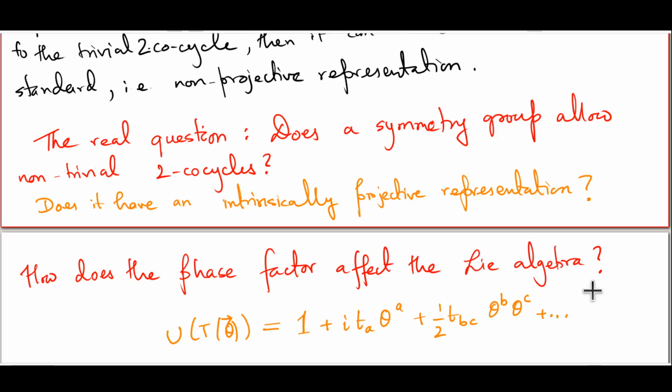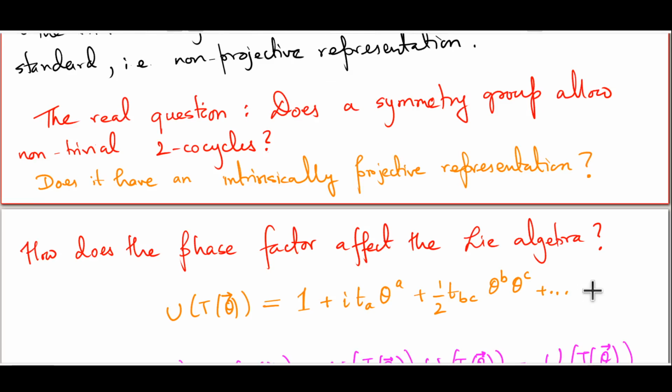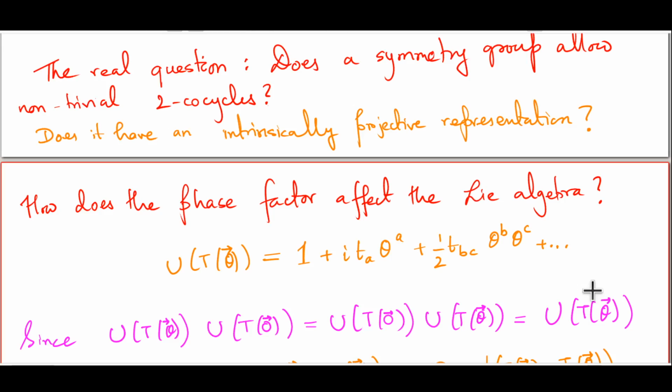And we need to take a look at exactly what the structure of this phase factor phi is when expressed in terms of these parameters. Now in order to see that, let me remind you that because T of 0 corresponds to the identity and U of T0 of course is the identity operator, we must have U of T of theta times U of T of 0, and these two operators in the other order multiplying themselves, giving you U of T of theta.